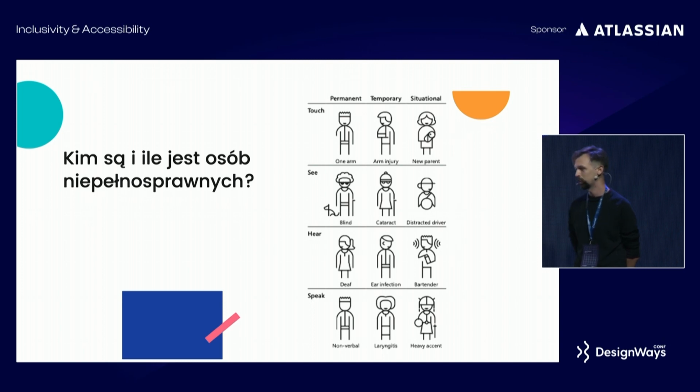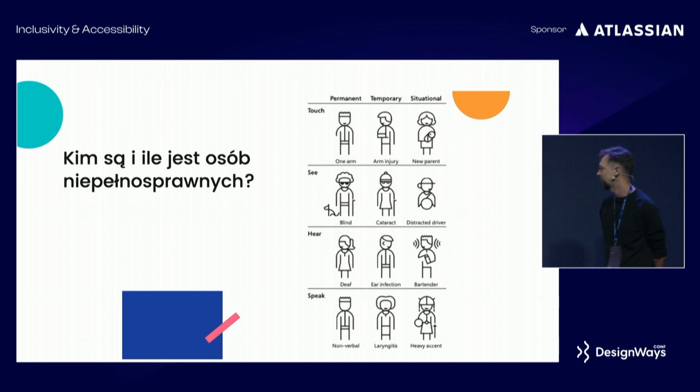Let us also start from how many people with disabilities there are. Often when we hear the word, we think it's just a margin, 3% maybe, and surely the clients are not people with disabilities.